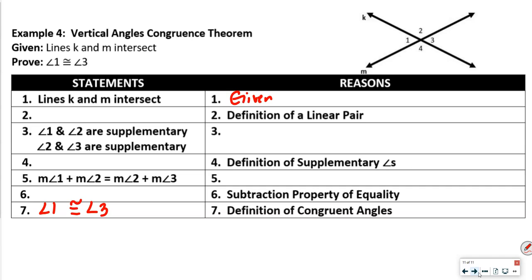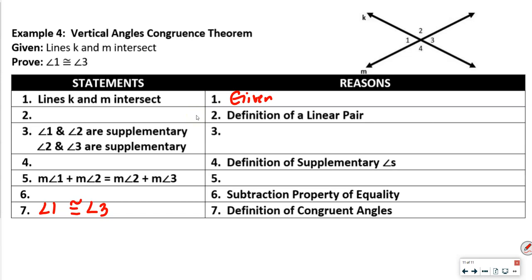So now we're going to work through each of these steps. So it says definition of a linear pair. Well, what in the world does that mean? A definition of a linear pair means that two angles are going to be supplementary.